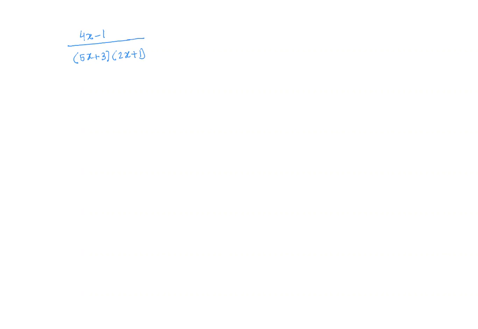I want you to do partial fractions of this, find the values of a and b, and solve the system of equations that you get by using the Gauss-Jordan method, not the elimination method or substitution method, but rather the Gauss-Jordan method. So everybody do it, okay? I'll give you a few minutes to work on it.